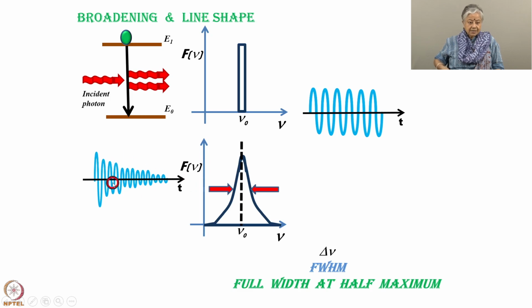So, I will depict it in this. It remains a sinusoidal wave like this, but the amplitude is slowly decreasing. This is what happens to any light. Any light or any wave can undergo changes in its amplitude.